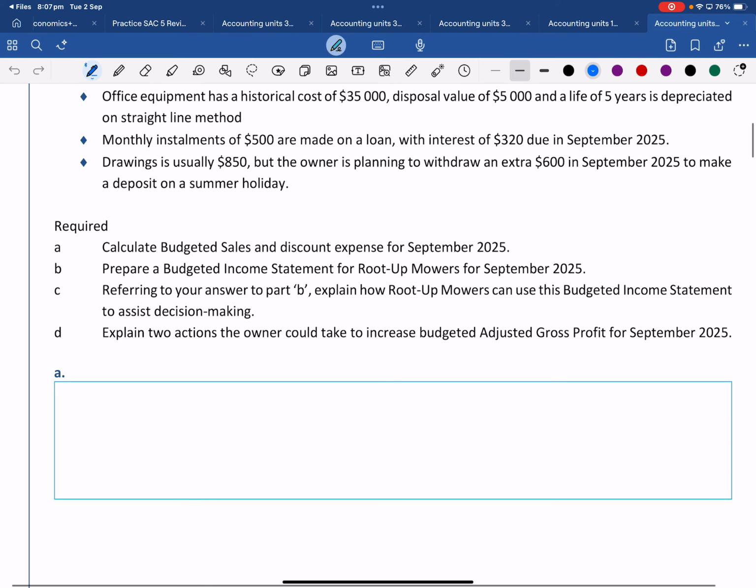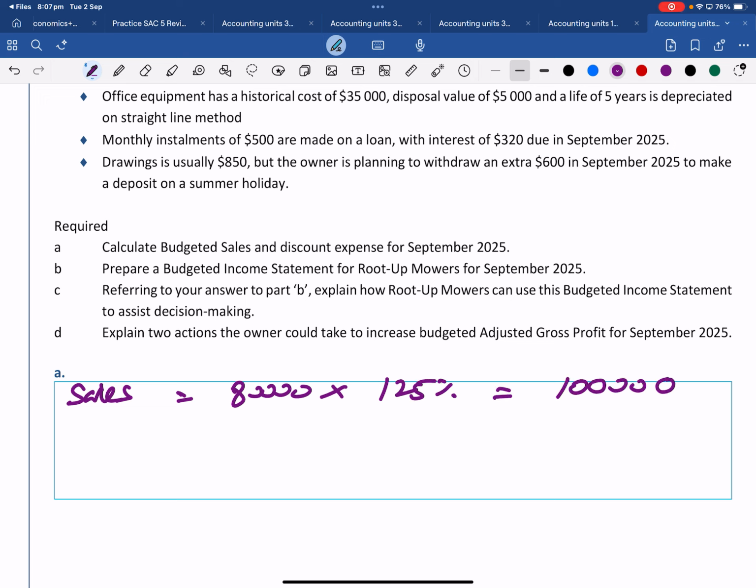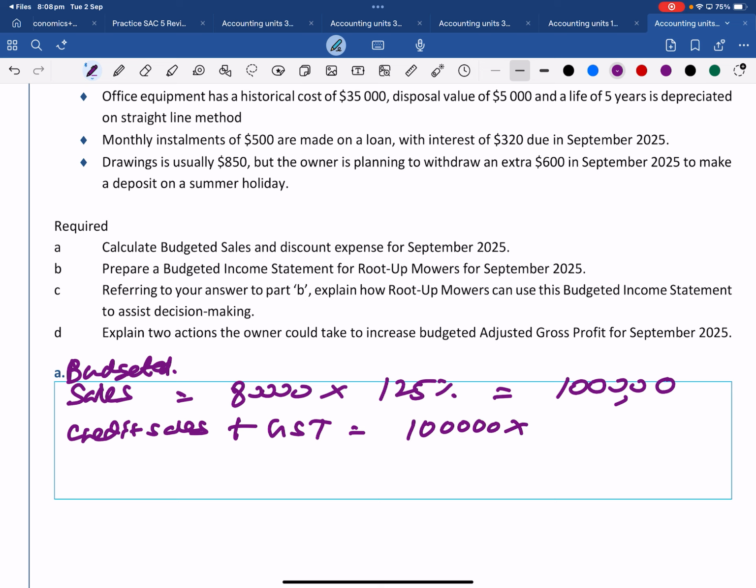Make sense, Varun? Firstly, guys, I'll write here. Sales is equal to 80,000 times 1.25, or 125%, which is 100,000. So that's the budgeted sales. Then we are going to do the discount. Firstly we have to do the credit sales plus GST. Credit sales is 100,000 times 70%, which is 70,000.